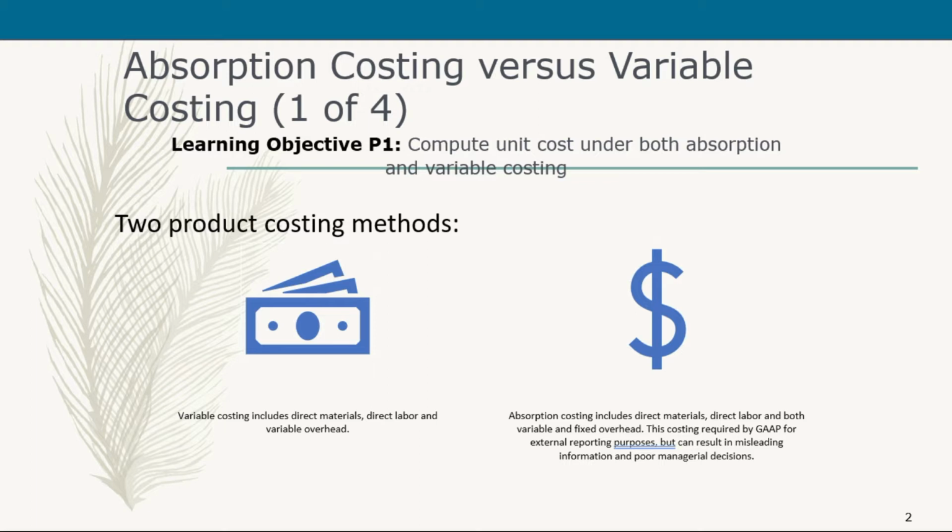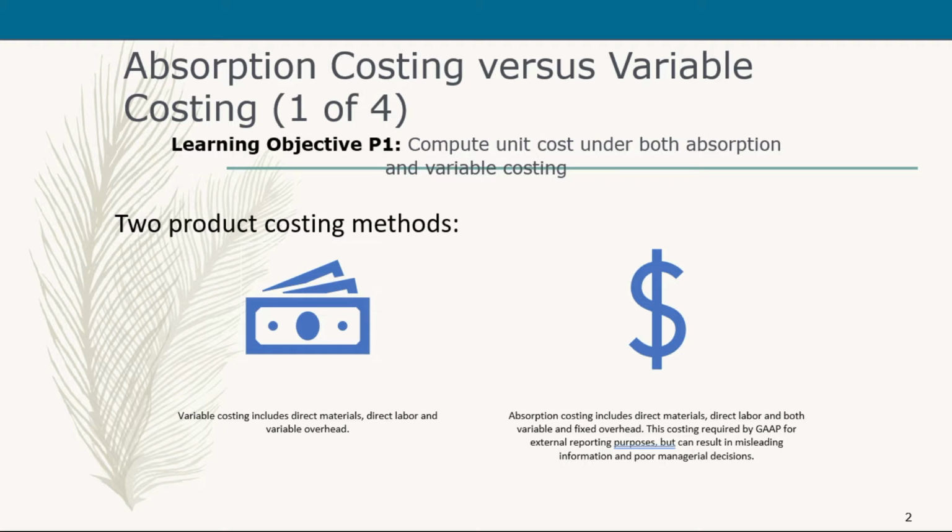Okay. For the absorption costing, I would like also to highlight here that it is required by GAAP for external reporting purposes. I mean the US GAAP, and also the PFRS or Philippine Financial Reporting Standards. It can result in misleading information and poor managerial decisions.